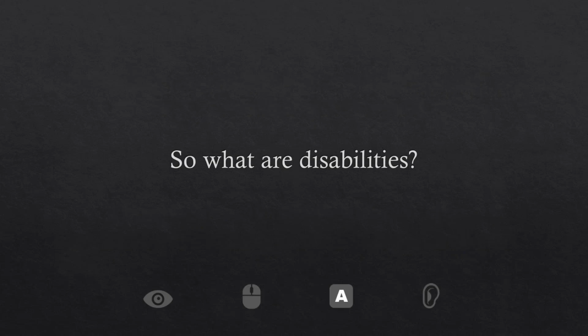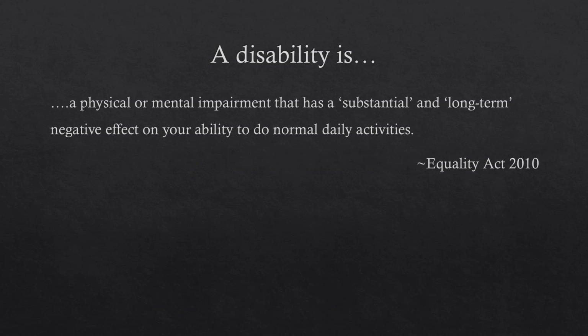So in order to understand accessibility, it's really useful to understand what disabilities are. If you look at the Equality Act, it has a definition which is used to define a disability as a physical or mental impairment that has a substantial and long-term negative effect on your ability to do normal daily activities.